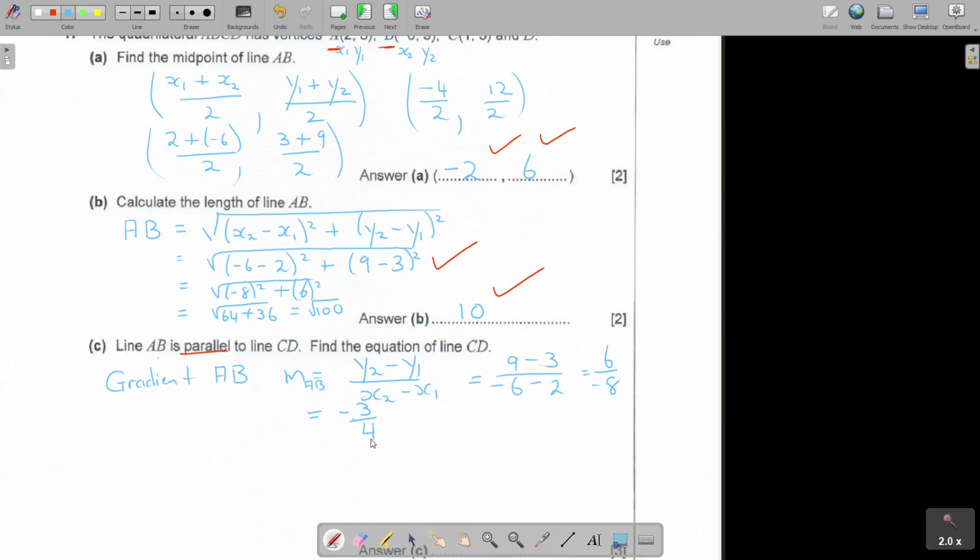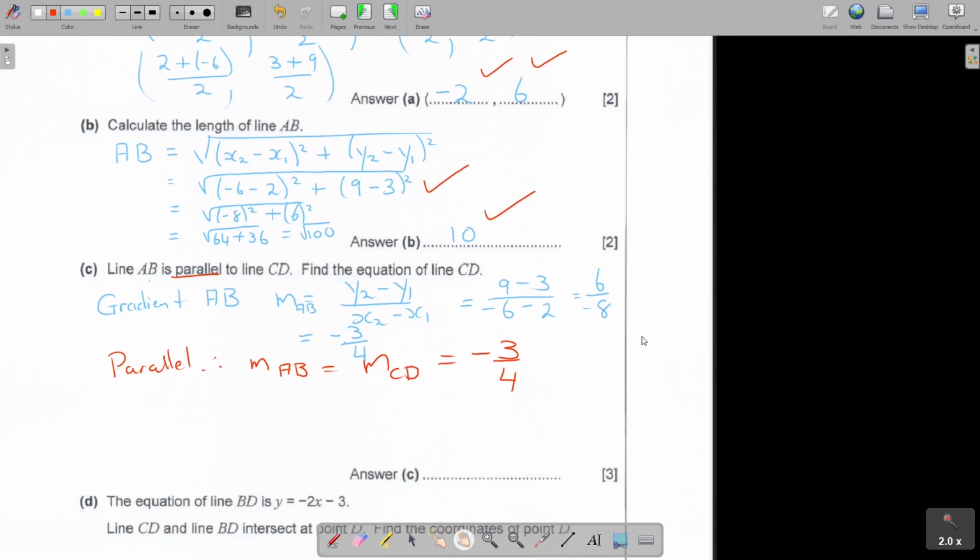And because they are parallel, therefore the gradient of AB equals the gradient of CD, which equals -3 over 4. So I already have the gradient.